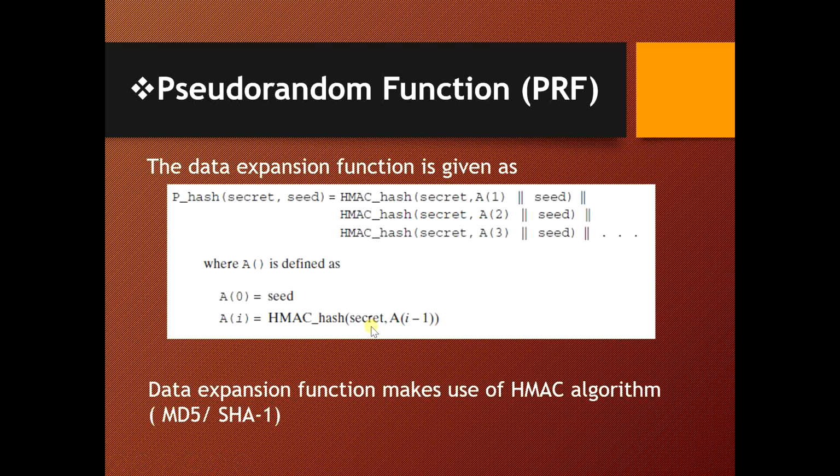The data expansion function, if I have to briefly tell you, makes use of the HMAC algorithm, which can use either MD5 or SHA1 as the underlying hash function. We have seen that the hash function can be either MD5 or SHA, and the same thing can be used in the HMAC algorithm.